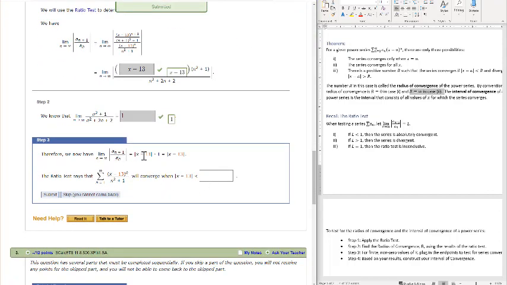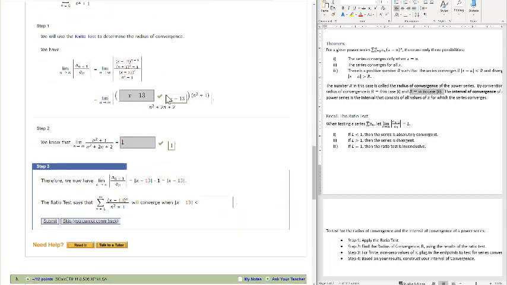So all we have left is the absolute value of x minus 13, times 1. So all we have left is the absolute value of x minus 13. So this is essentially our L. In the ratio test, we found the limit, and the limit is L.